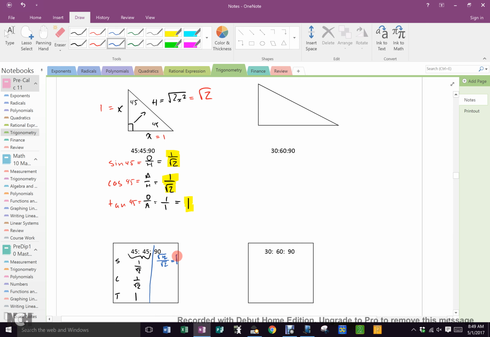What is it? The sine of 90. Wow, look at that. Myers. What is cos? Cos is adjacent over hypotenuse, yes? Okay, what's adjacent to the 90?